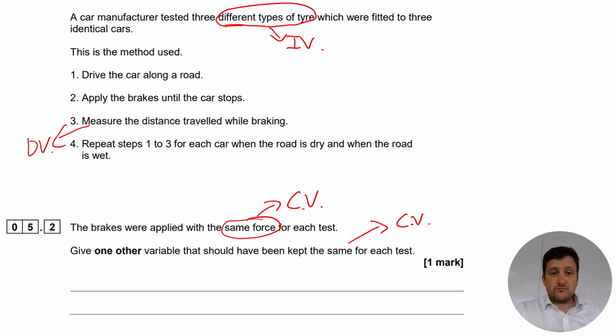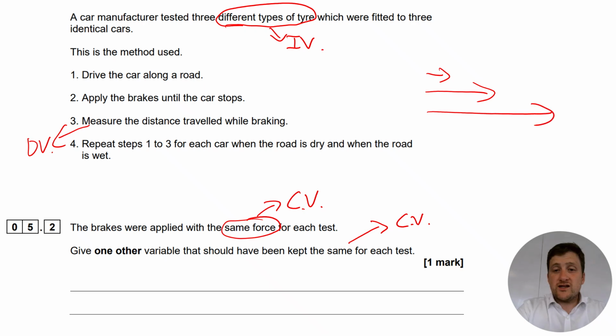Well, they've already given us that one. And the question says one other variable. So it cannot be really that because they've already given us that one. Okay? What is going to affect the speed or the distance the driver stops at? You should know that you may have been shown it in class.